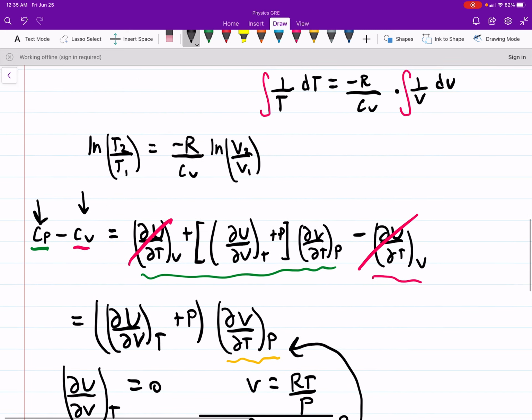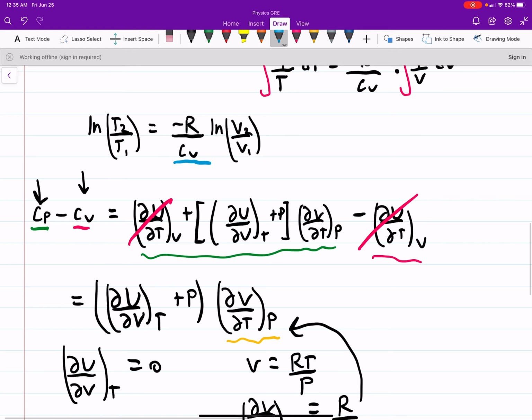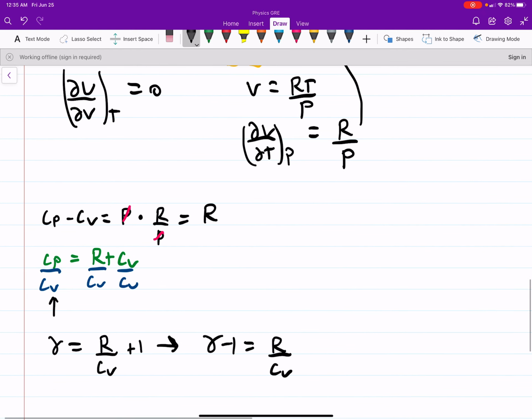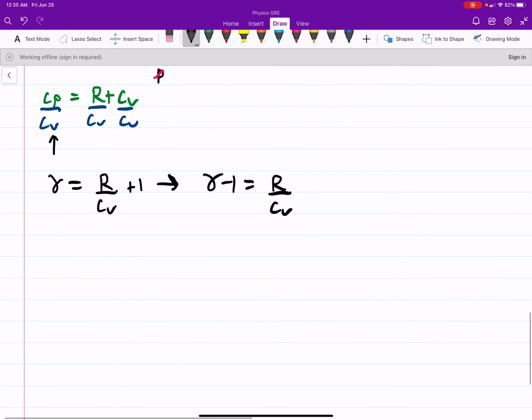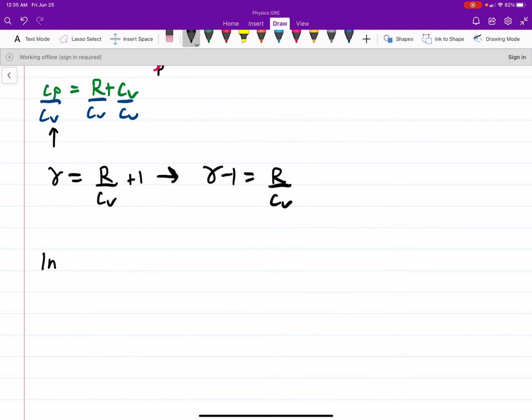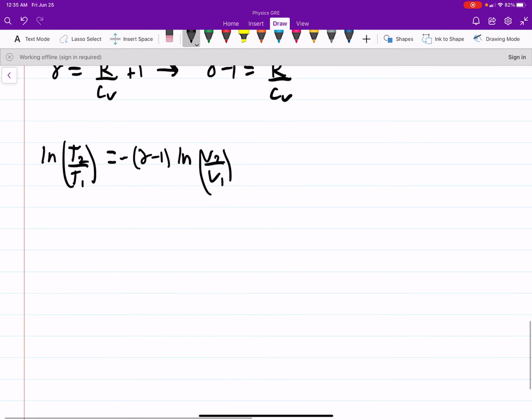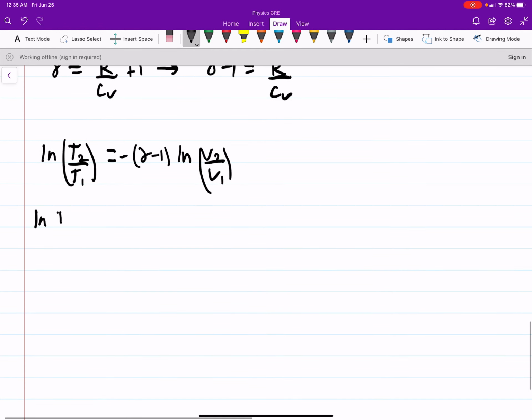And again, if we look, there's a negative here, but it's essentially the exact same thing. So we can plug that in. Plugging that into the equation, the natural log of T2 over T1 equals 1 minus gamma. There's a negative out front, so it changes the sign. ln V2 over V1. We could also do gamma minus 1 times a negative. That's actually what I'm going to do, so I'll show you here.